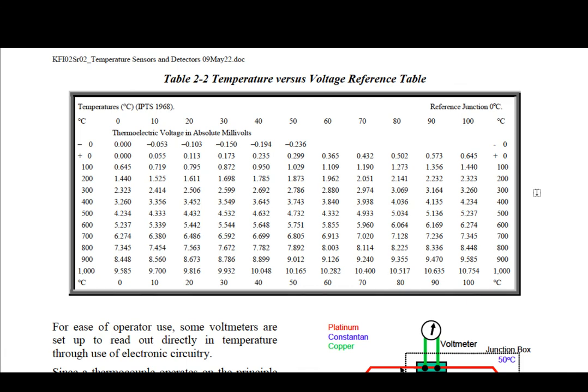Okay, this gives you a readout based on manufacturer specs as to what the temperature is of the two dissimilar metals and the voltage that is output. Obviously, as you increase in temperature, you can see where your voltage changes, and notice that that's in millivolts.